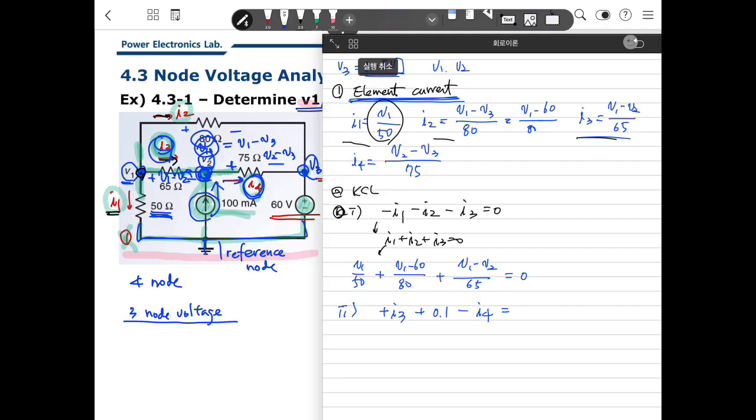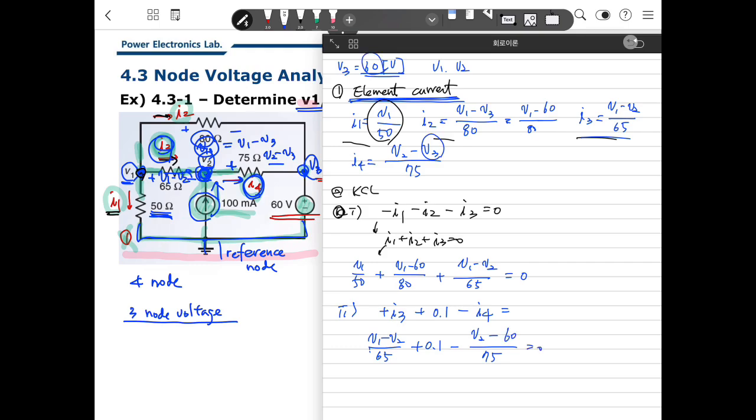So I3 is (V1 minus V2) divided by 65, plus 0.1, and I4 is minus (V2 minus V3) divided by 75, with V3 being 60.